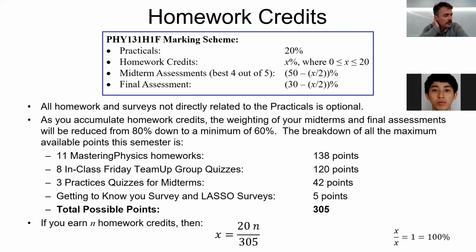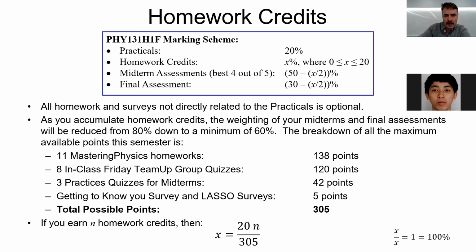But if you got 305 homework credit points, then the homework credits are worth 20%, and you got the full 20%. Oh, okay. So you have to get 305 to purely get 20. You get 100% on that 20 if you got 305. All right. Okay. Thank you so much. Yeah, sure. That's a good question.